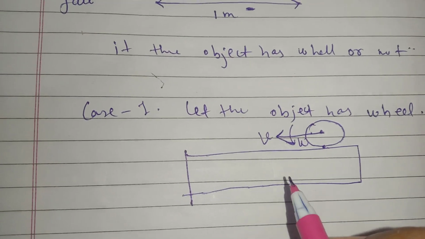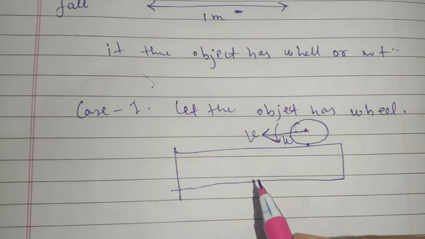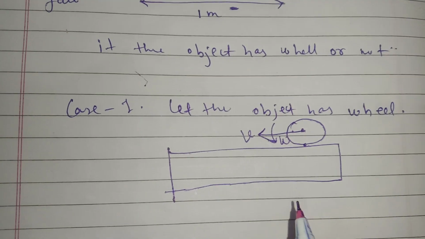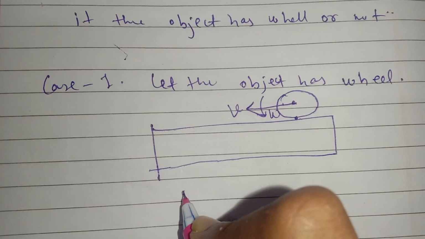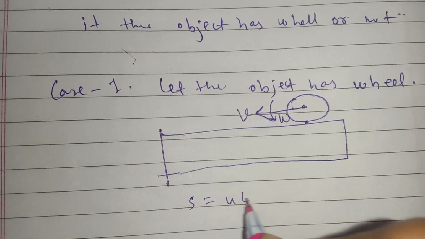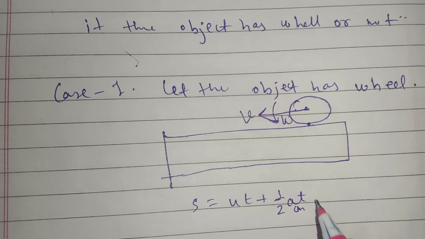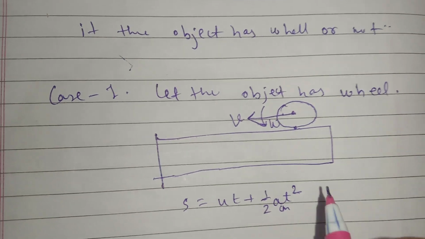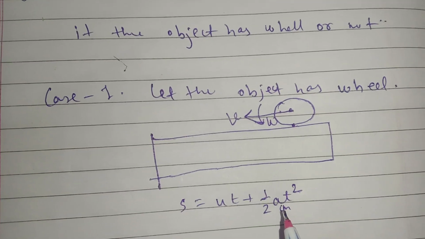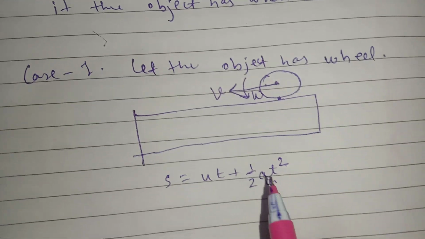Then I will use the equation of motion, that is s equals ut plus half a_cm t square. a_cm is the acceleration of the center of mass.